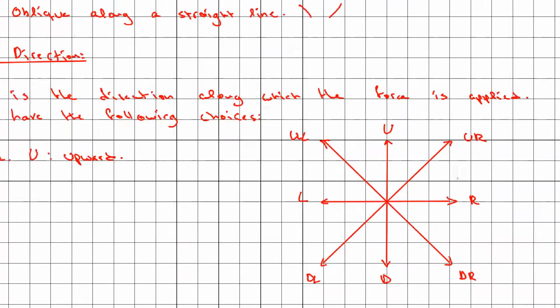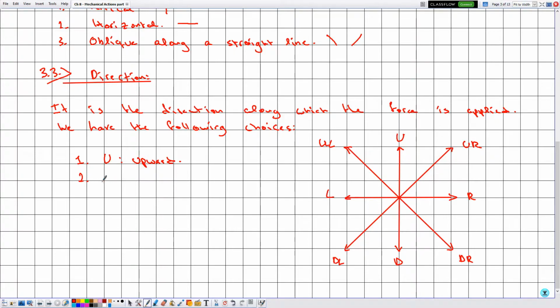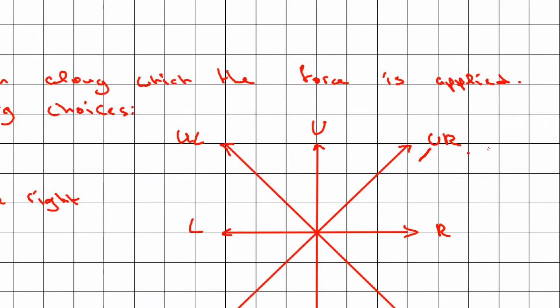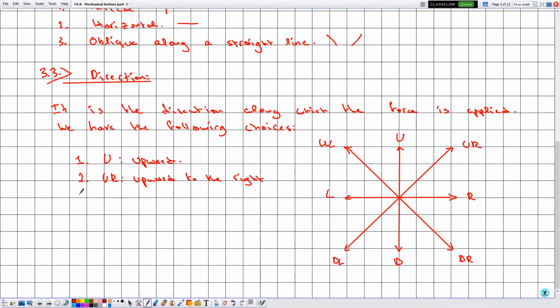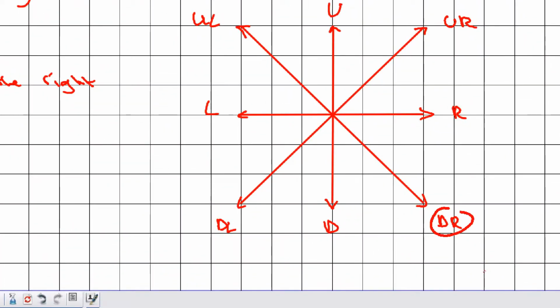As you can notice that in this case, this force is pointing upward. Now in the second case, UR stands for upward to the left. Sorry, upward to the right. UR stands for upward to the right. Now in the third case, R alone stands for right, which is this one. And DR is for downward to the right.